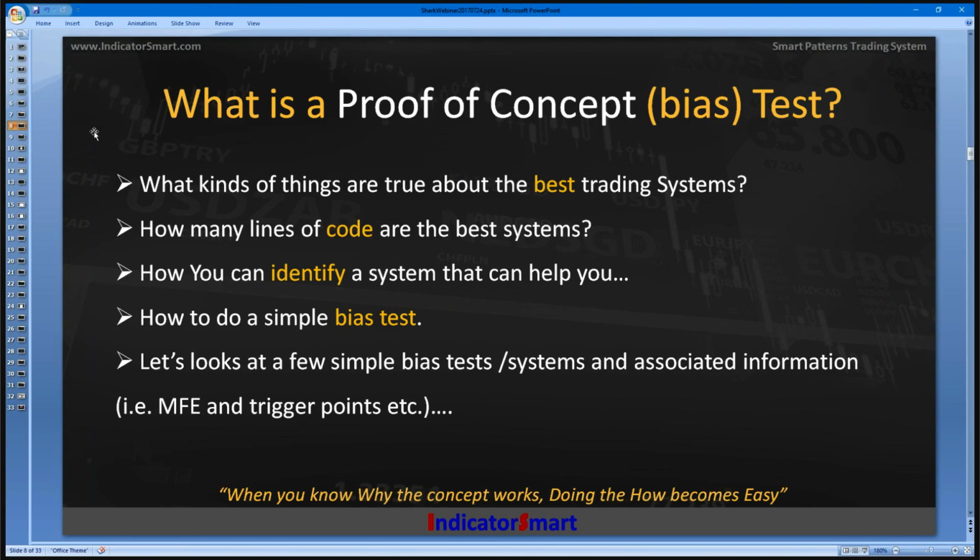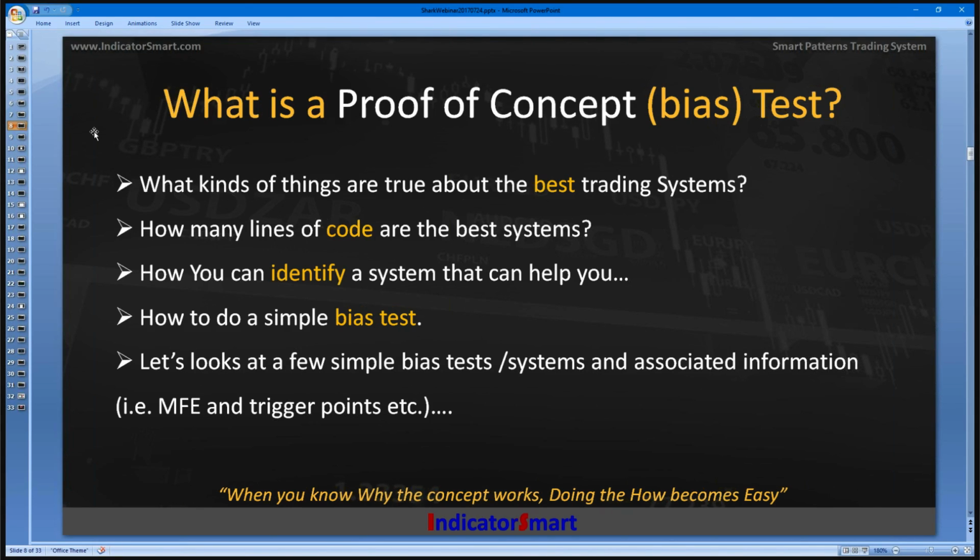So that brings up the question, how many lines of code are the best systems? The very best and most successful systems I have ever developed that made me the most money and made it possible for me to live the lifestyle that I've lived as a trader were 2 lines of code. 2 basic lines of code, a buy line and a sell line. Usually just exploiting one simple relationship.